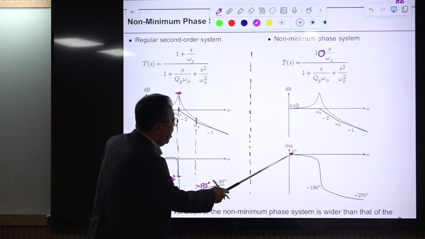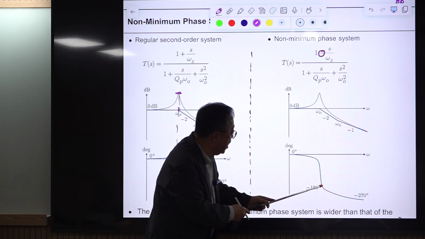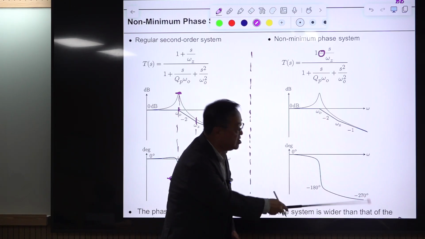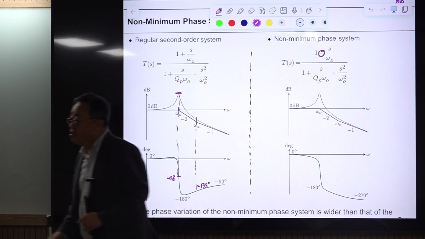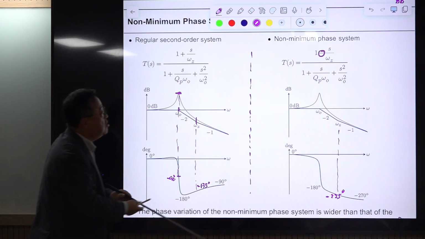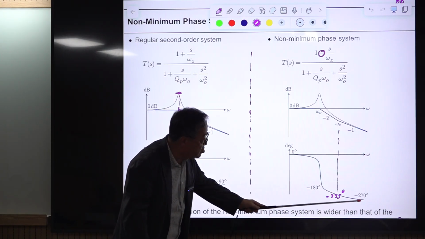So the beginning part will be the same, but this is a pole, so eventually phase is decreasing by 90 degrees. So it ends at minus 270. At this zero frequency, phase is minus 225 if the corner frequencies are far apart, widely separated. This might be true. So the phase starts from 0 and ends at minus 270.